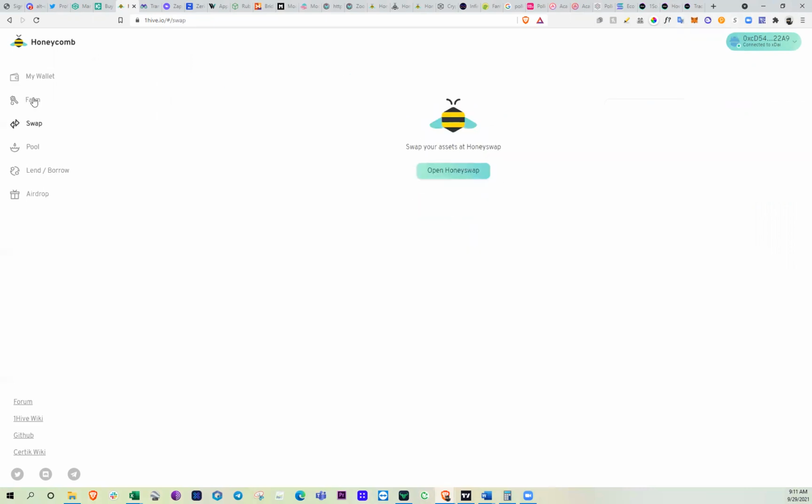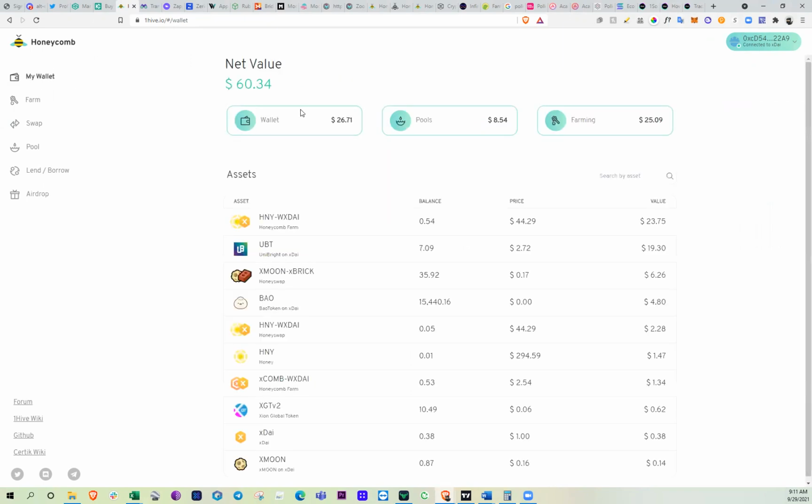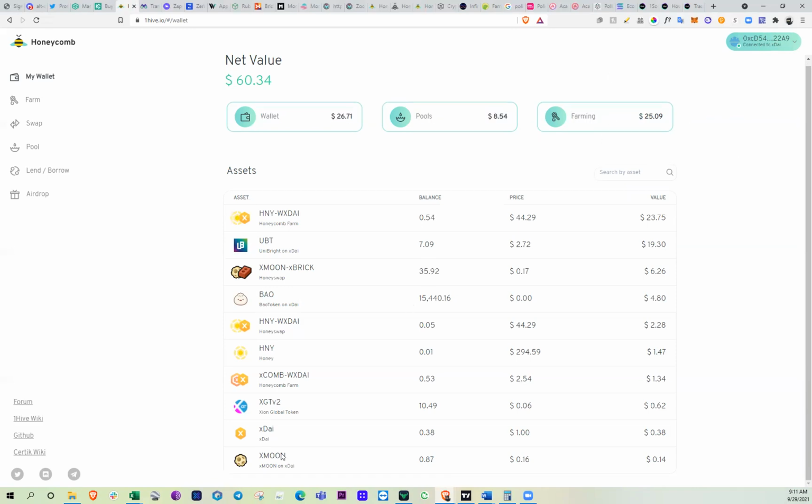But again, you get to manage your overall money. So when I go back to my wallet, I'll see that I got 26 bucks sitting in the wallet, not doing anything. Got about $8 that's in pools. Got about 25 bucks that are farming for that XCOM token. And overall, you can see the assets, right? This honey wrapped XDAI liquidity token.